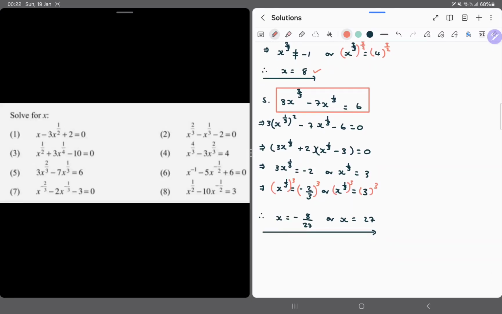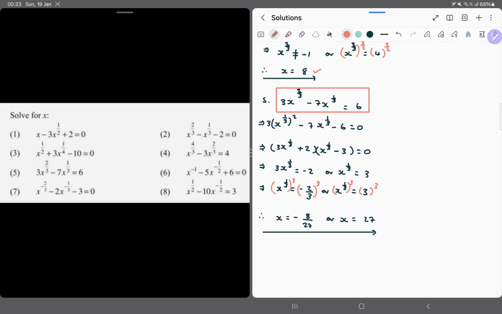What do we have? So we have 3 into minus 8 over 27, all raised to the exponent 2 over 3, minus 7 into minus 8 over 27, all to the exponent a third. Okay, let's see, what do we get?